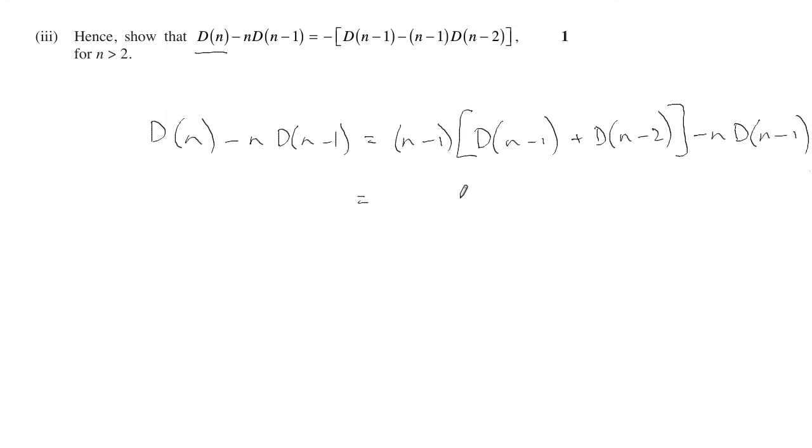Okay, and then I'm going to expand that. So n minus 1 times that, so you'll get n d of n minus 1 minus, so now the negative 1 times that. And when I do that times that, I'm not going to expand that bit because you'll see we've got an n minus 1 d of n minus 2 in the answer. So we probably want to just leave that as it is.